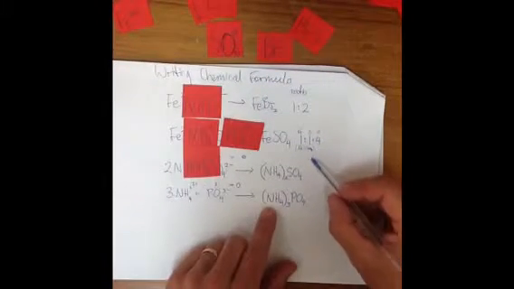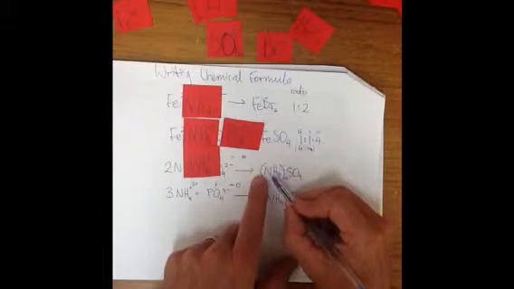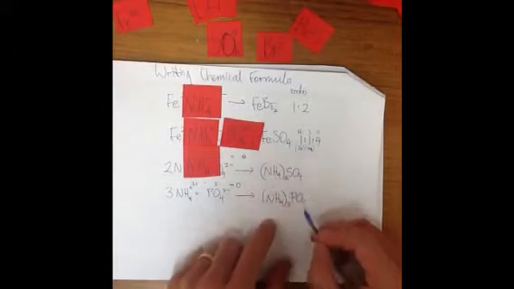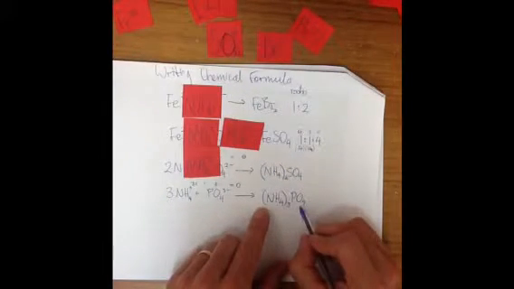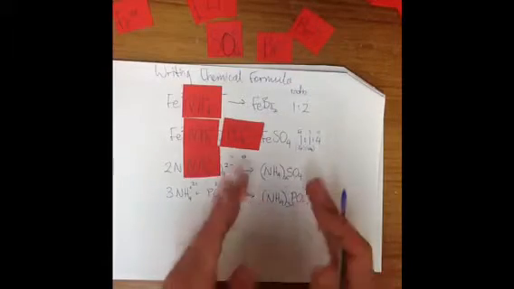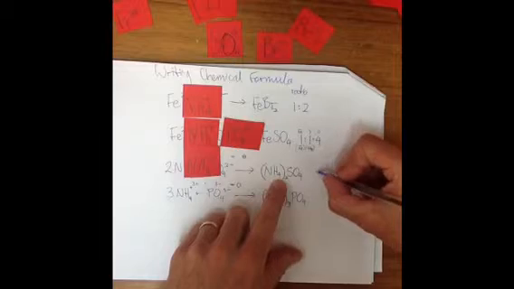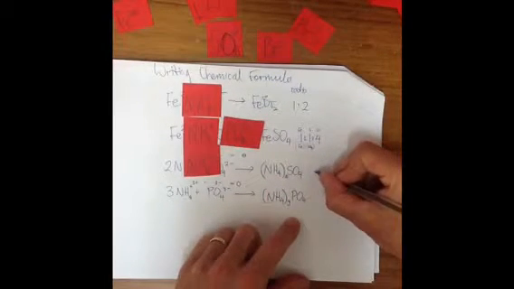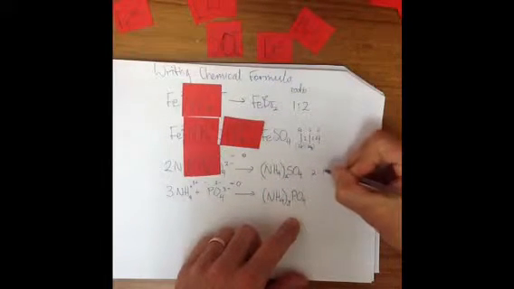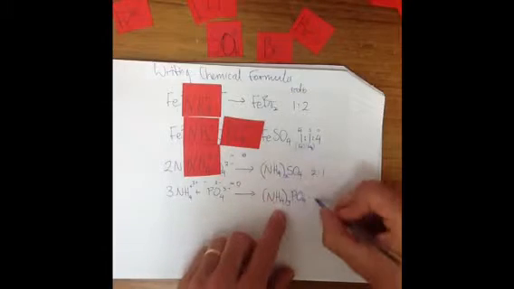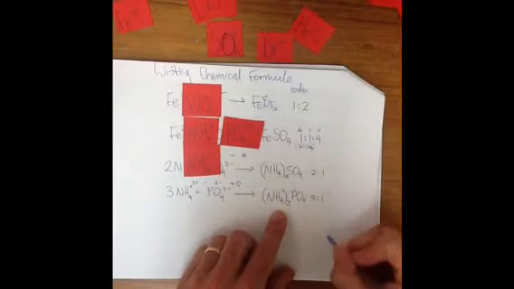Its ratio, again, can be written in terms of the elements that are present, or it can be written in terms of the ions that are present. So the ion ratio in this case is 2 to 1 for this one. In this case here it's 3 to 1.